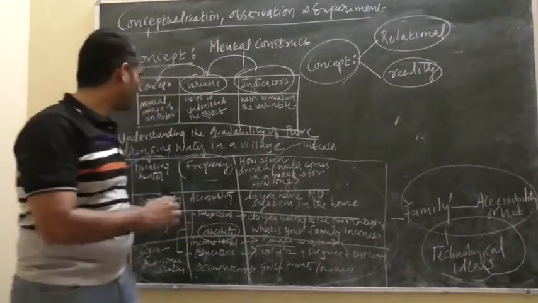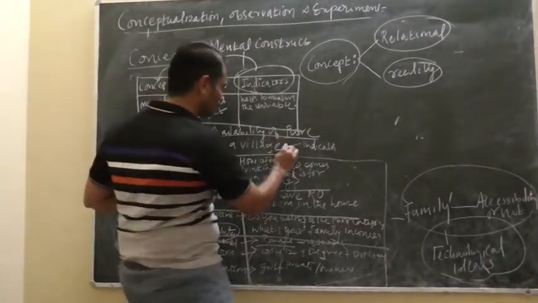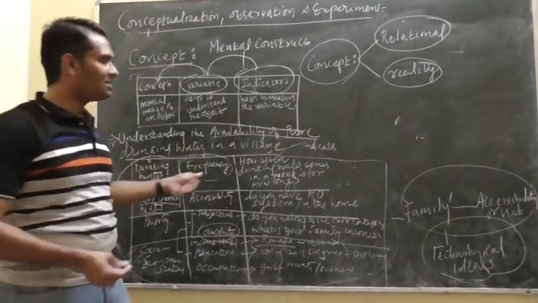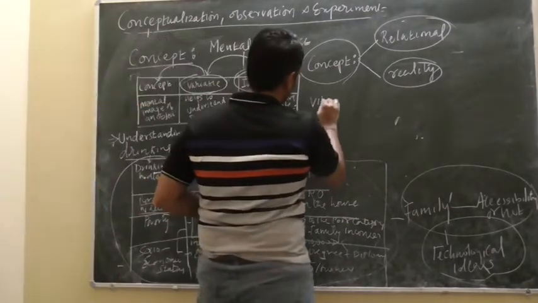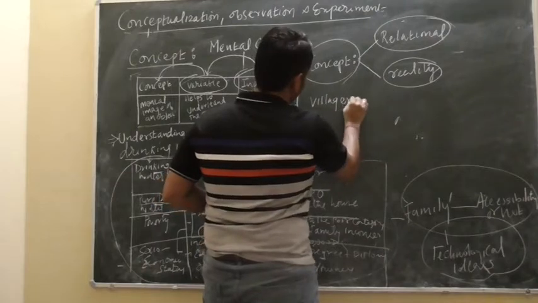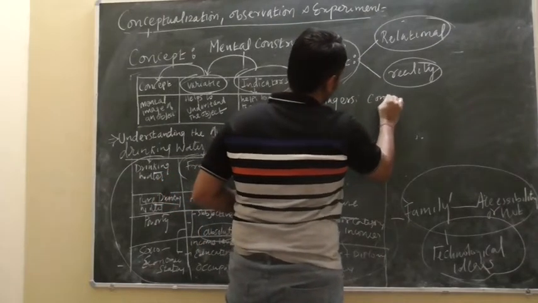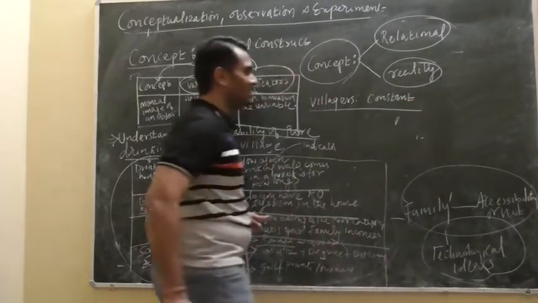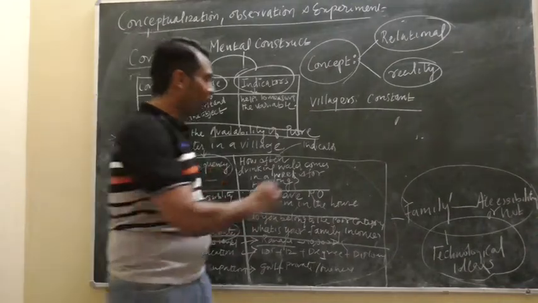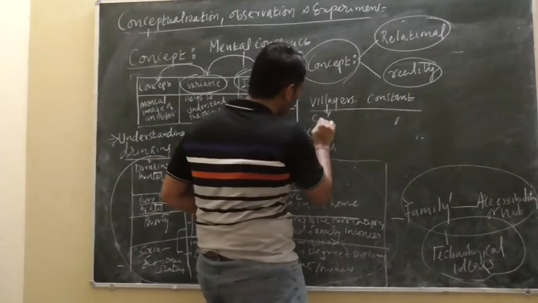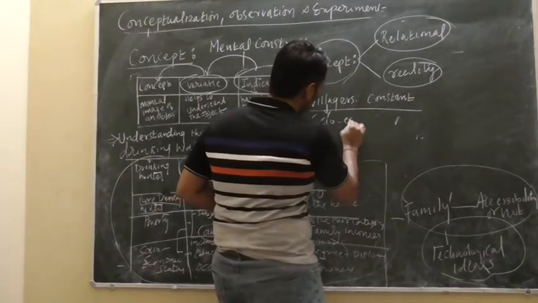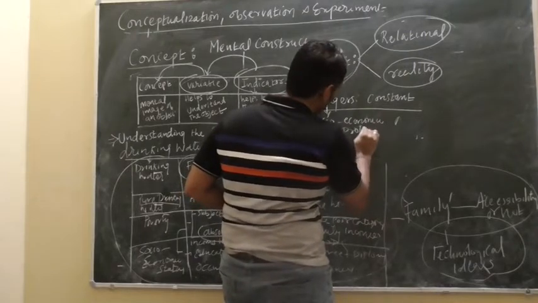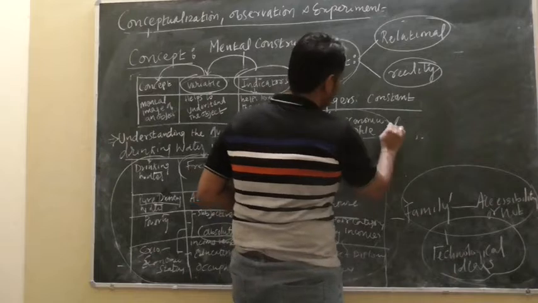The term constant is, for instance, here the villages. Suppose I'm trying to understand villages. The villages are constant in nature, but the socio-economic profile varies.